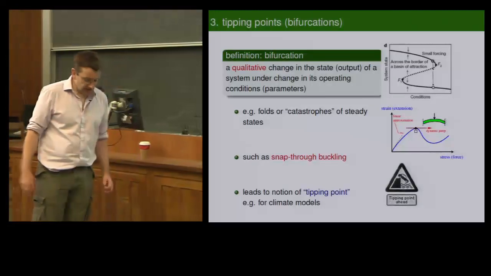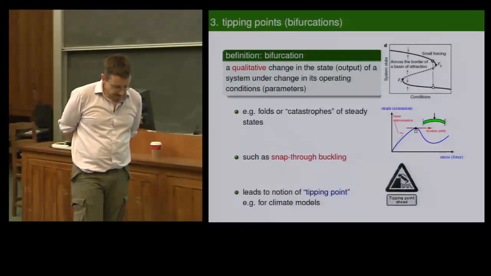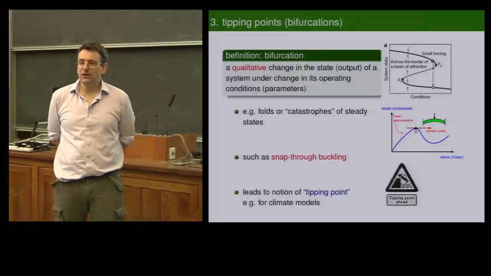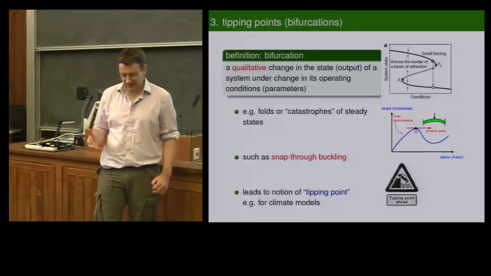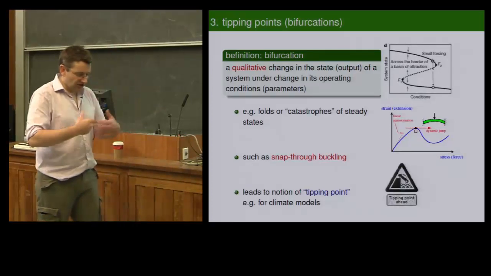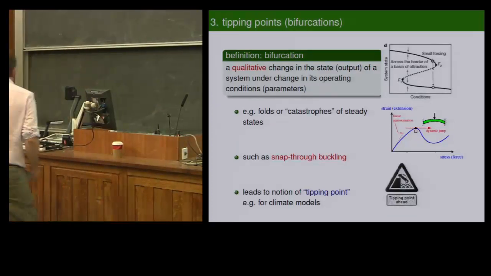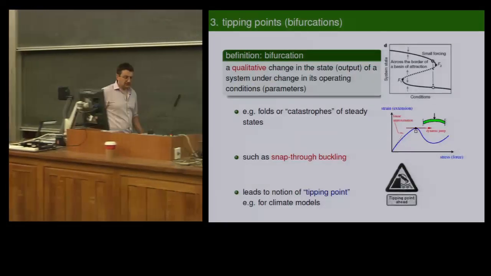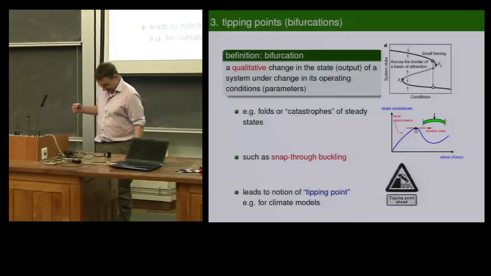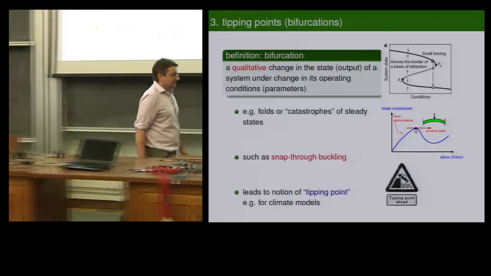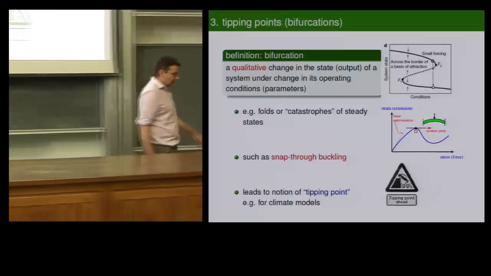In climate change at the moment, and in many other systems, sometimes we talk about tipping points. What's a tipping point? Well, it's a bit like excitability, but now I'm thinking more of a steady state type situation. Suppose I get some long, thin object.